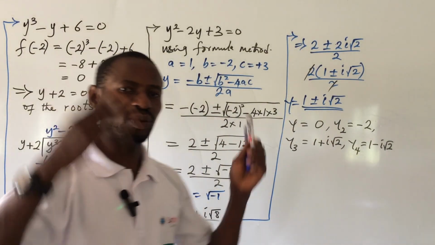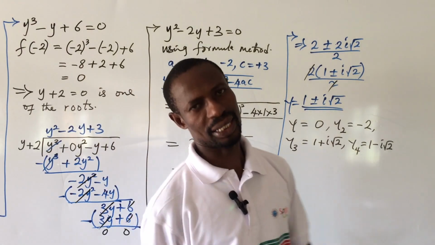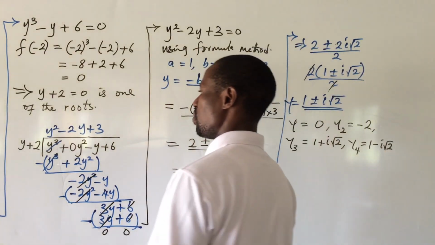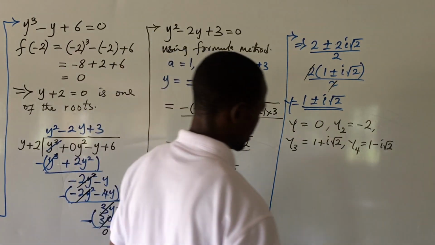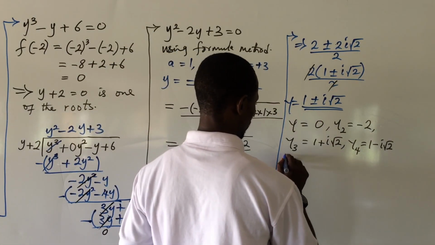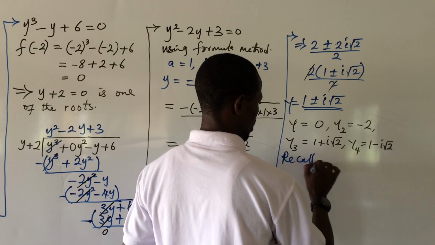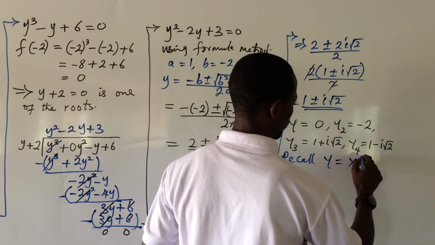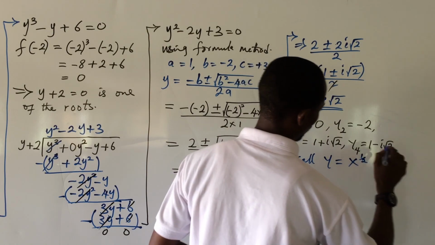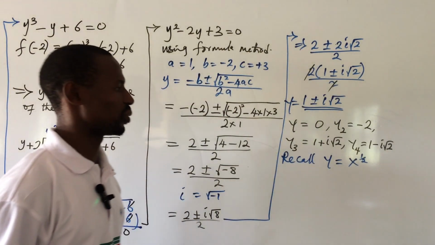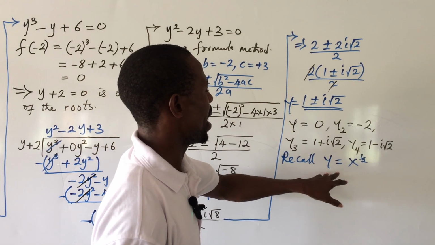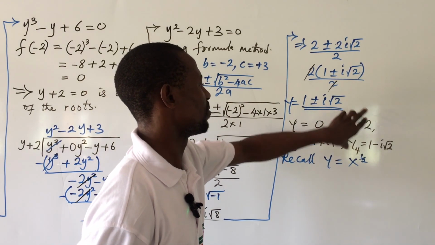Okay. So how do we now get the value for our x? We go ahead and substitute these values into the equation which says let y equal to x to the power of 1 all over 2. So wherever we see our y, we put in this value there.